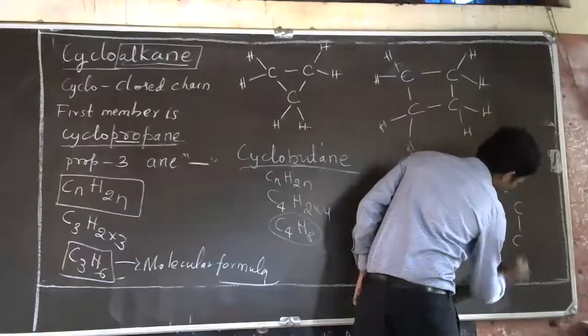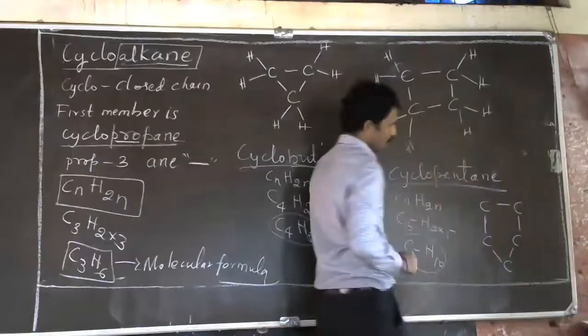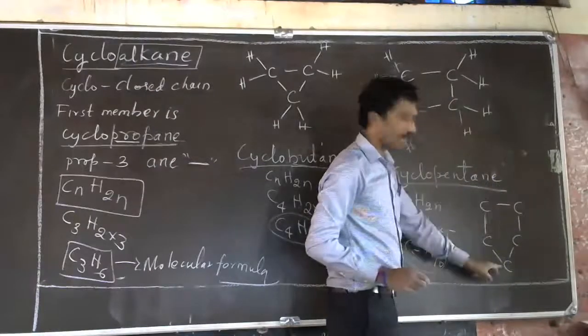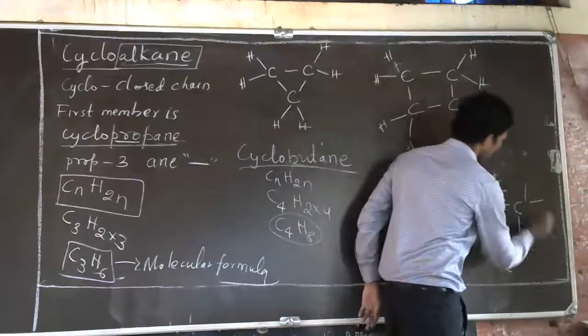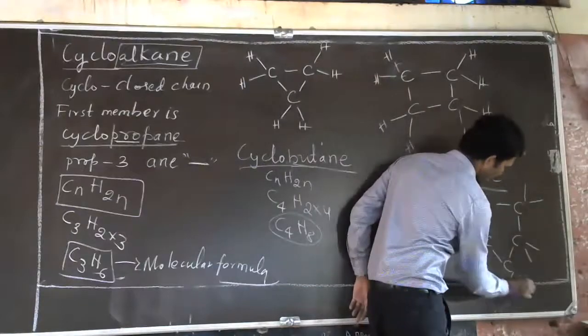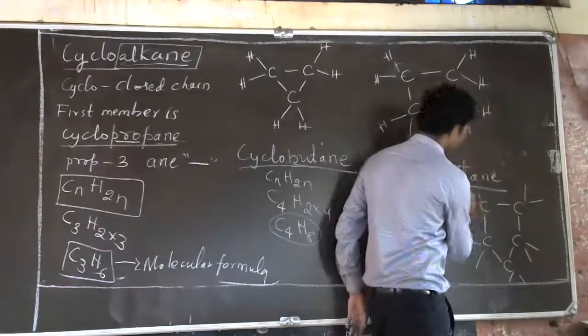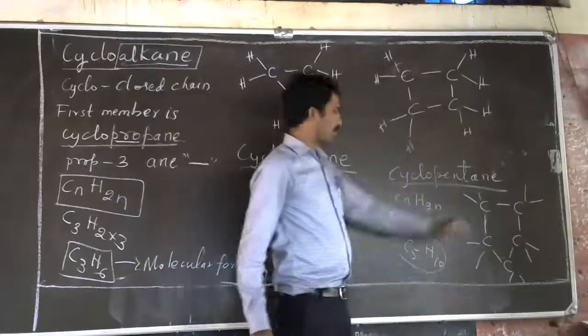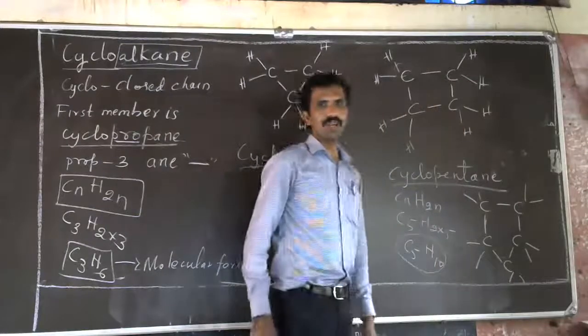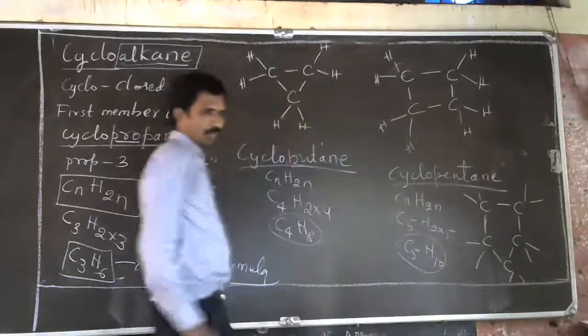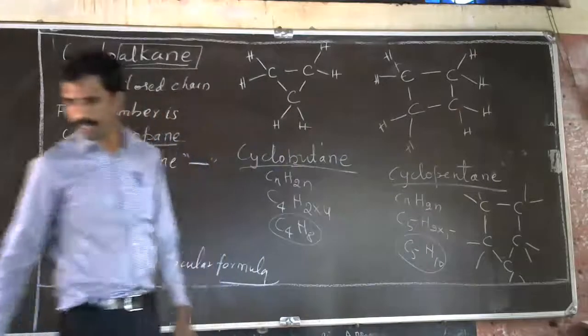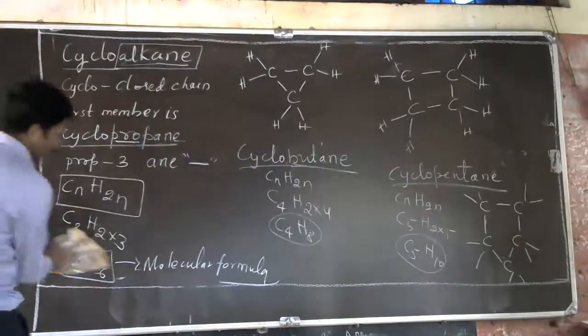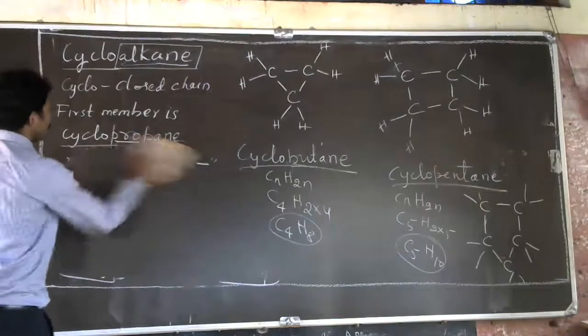You should write the carbons like this. See here, 1, 2, 3, 4, 5 carbon atoms. For each carbon atom, 2 hydrogens should be placed like this. So this is about cyclopentane. I hope you have understood this.